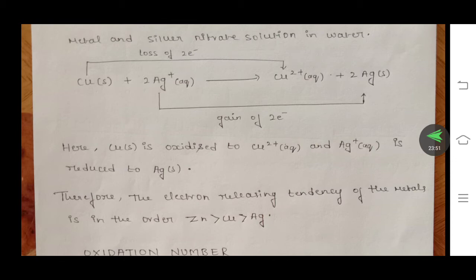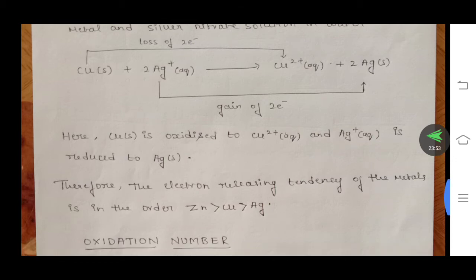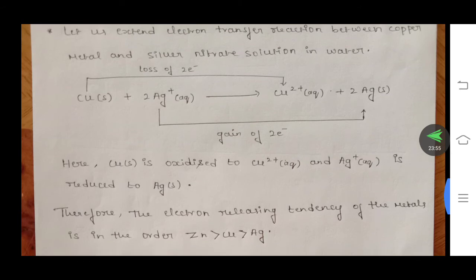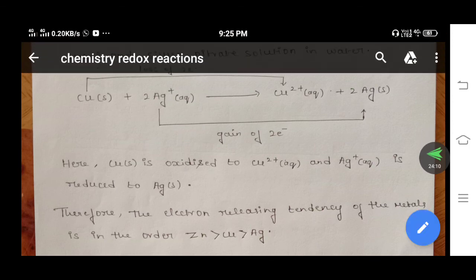But the opposite reaction is not possible. Copper can't displace zinc and silver can't displace copper. So you have to remember this reactivity order. Okay, this is enough. We'll continue in the next class.